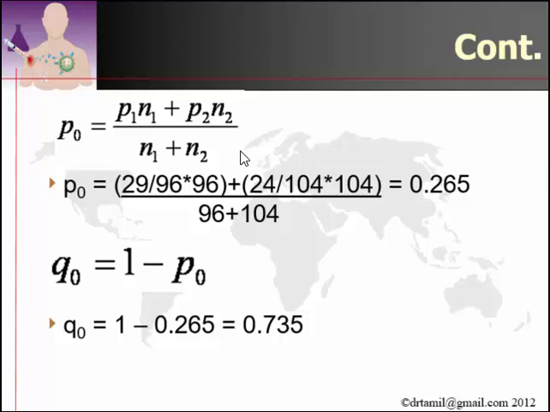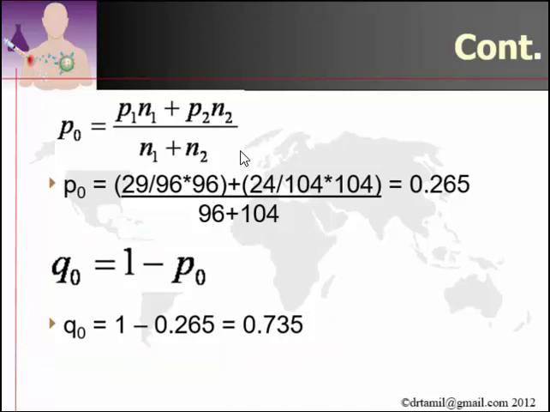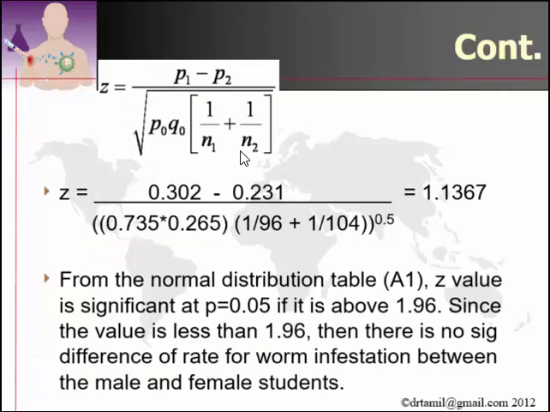So what I'm telling you now for the exam: prepare the table. Then immediately you get the answer. You automatically get the PO and the QO. QO is 1 minus PO, so 0.735. Then you put the PO and QO into the formula.